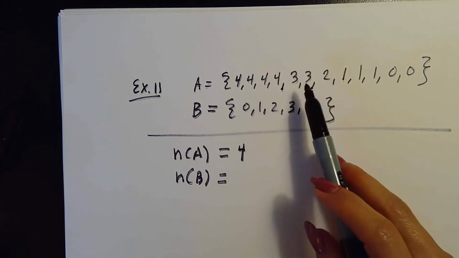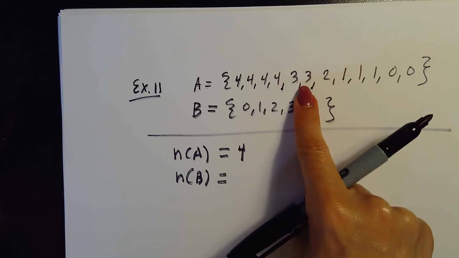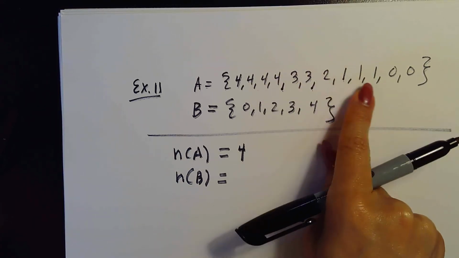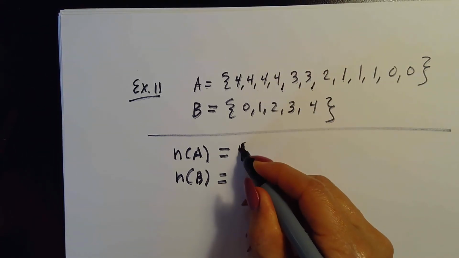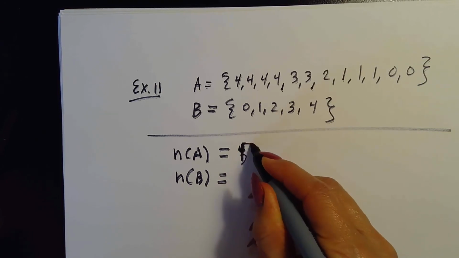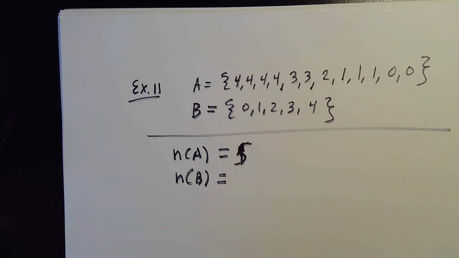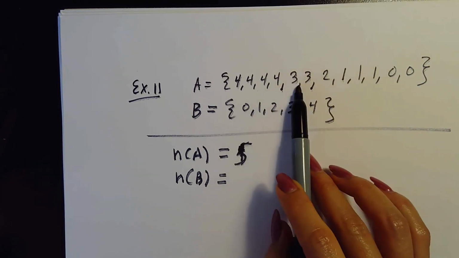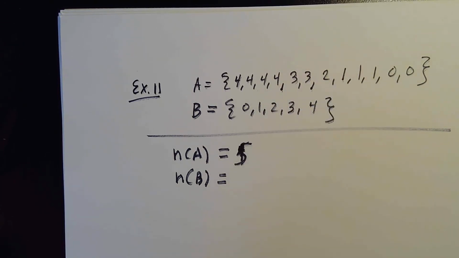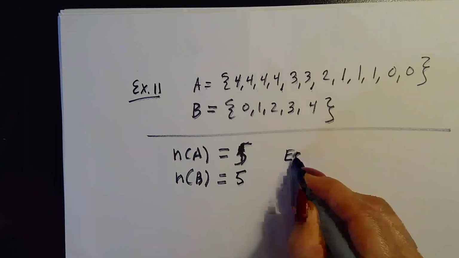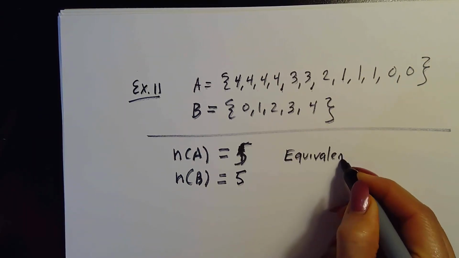So the cardinality of A is 5. Why? There's 5 different numbers: the 4, the 3, the 2, the 1, and the 0. The cardinality of B is also 5 because there's 5 different numbers. Because they have the same cardinality, these are equivalent sets.